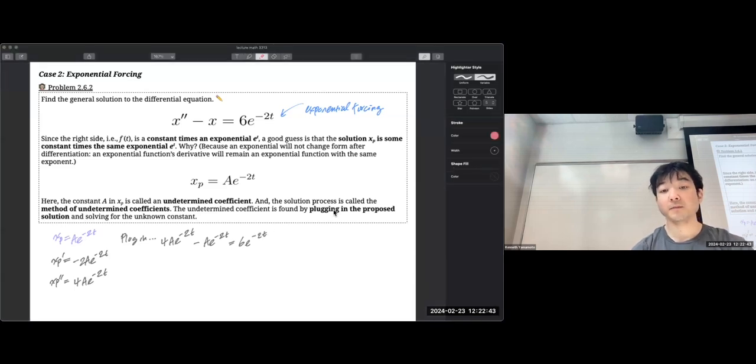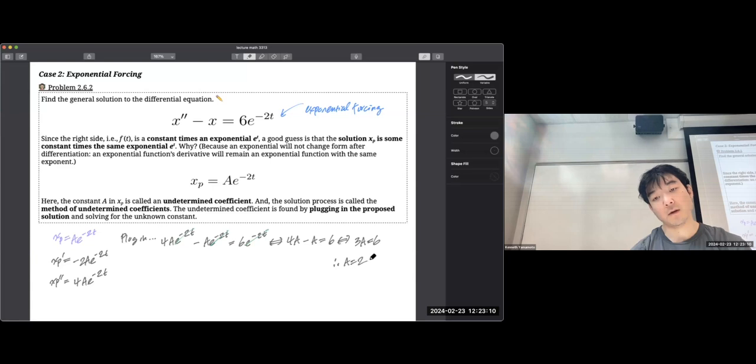Okay, and then with these exponentials, you just divide everything by e to the negative 2t, or multiply by e to the positive 2t, so all these would just go away. So you're left with 4a minus a is equal to 6, which is the same as 3a is equal to 6, which is like saying that a is equal to 2.